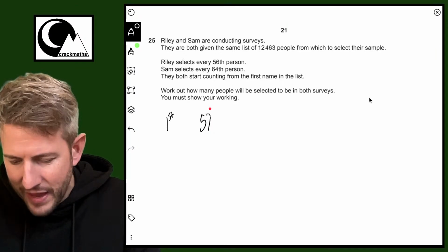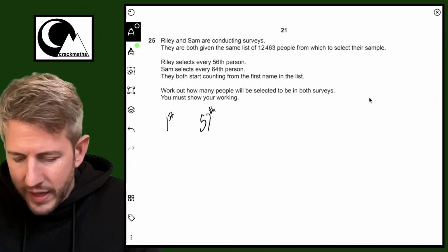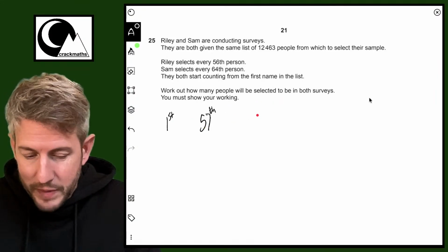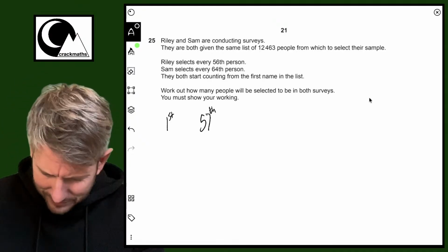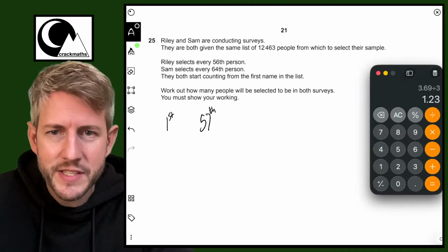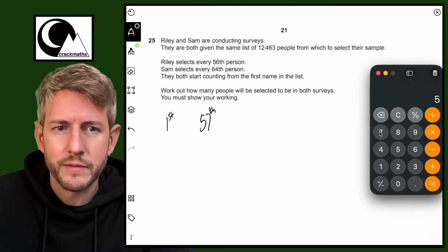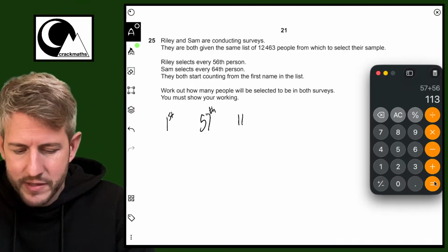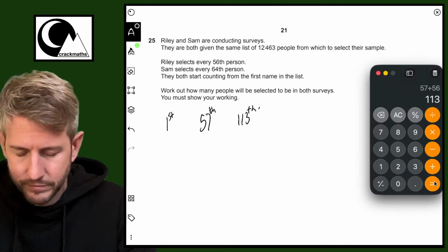And then she's going to get the next person as well, which will be 56 people on from then. So 57 add 56. So the 113th person.